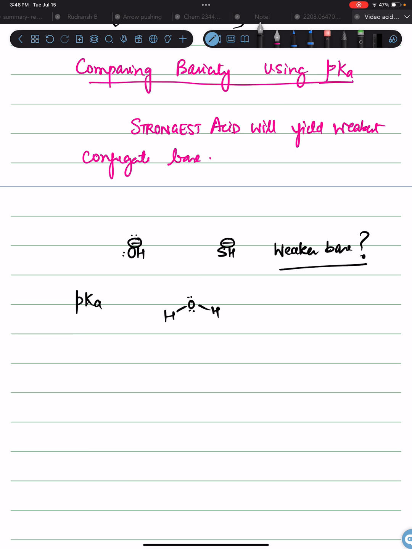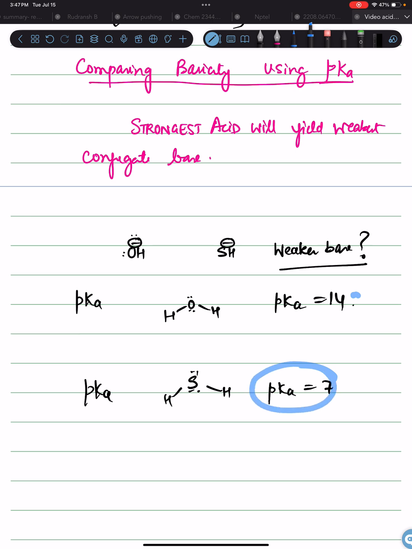Its pKa value is 14. The conjugate acid of this is H2S, and its pKa value is close to the range of 7. I believe, yeah, it is 7. Which implies that this is a stronger acid, the one which is highlighted in blue. So H2S is a stronger acid as compared to water of these two.